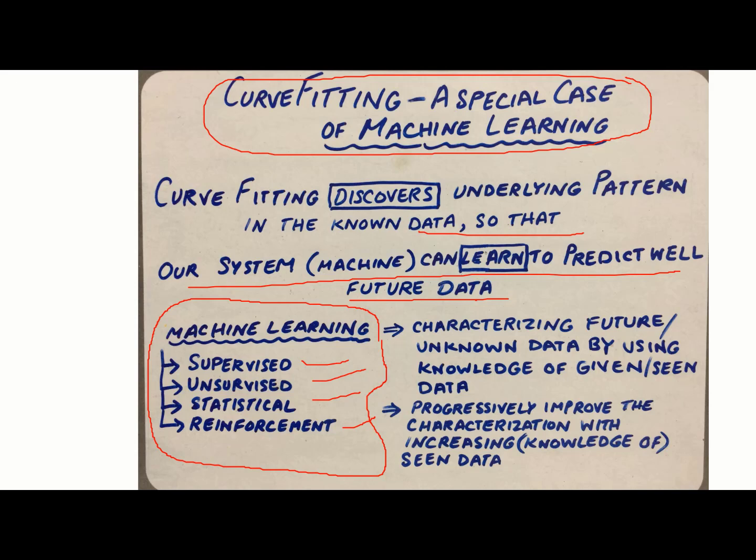So the two aspects of machine learning are the characterization of future or unseen or unknown data by utilizing the knowledge of given or seen data, the data that we have seen. So it is a way to learn, a way to think about characterizing something that we have not seen or something that we may encounter in future based upon our past experience.